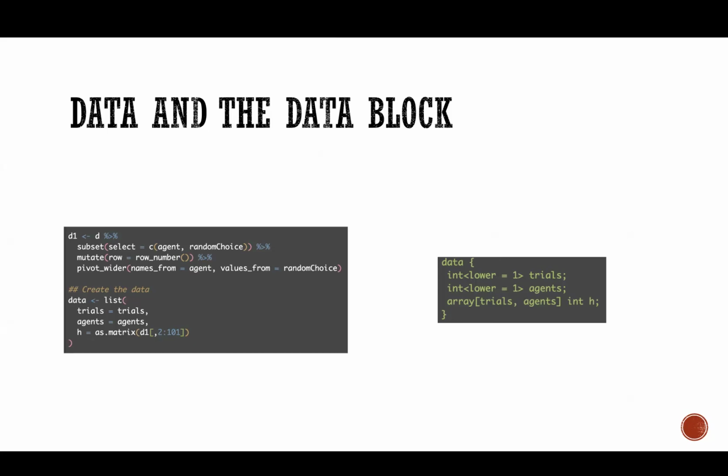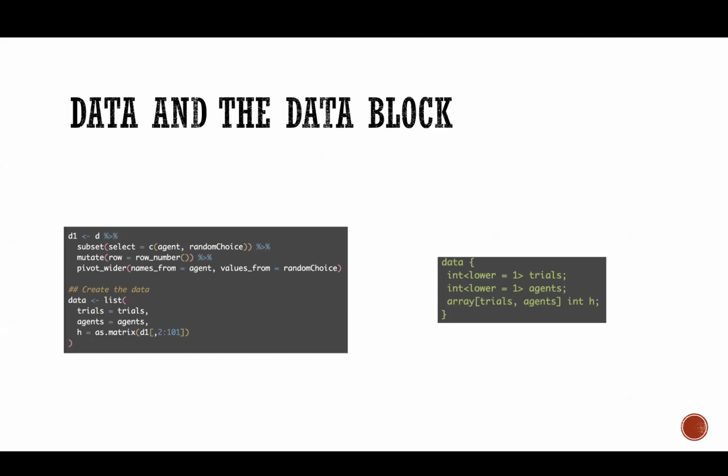We now want a matrix where there are only the choices. I can never remember which direction it goes, but let's say rows are the trials and columns are the agents. Each column gives us the sequence of choices of one agent.